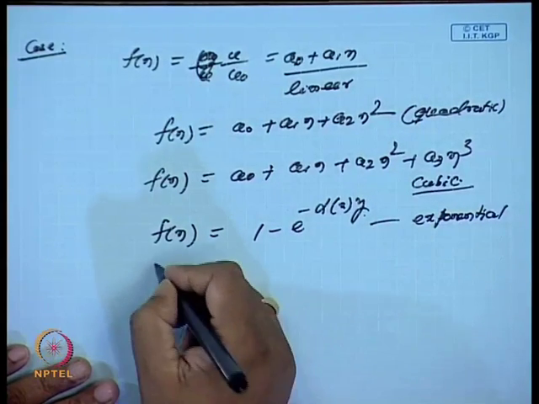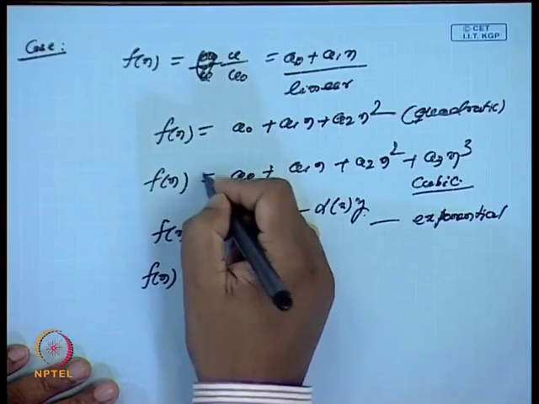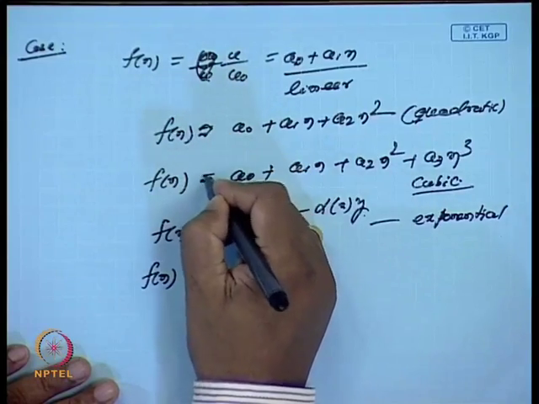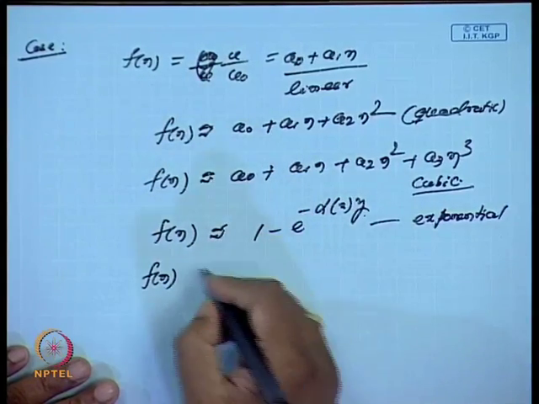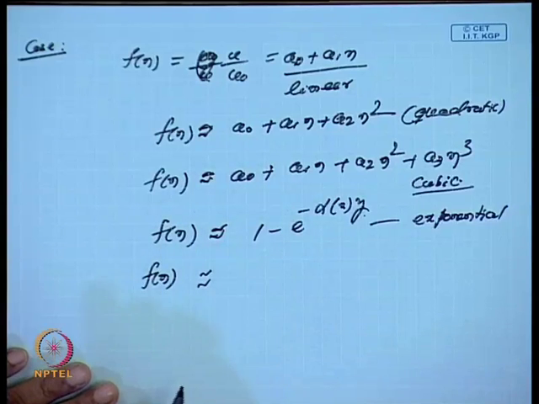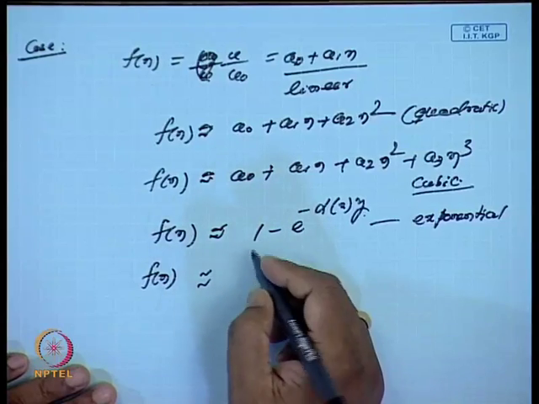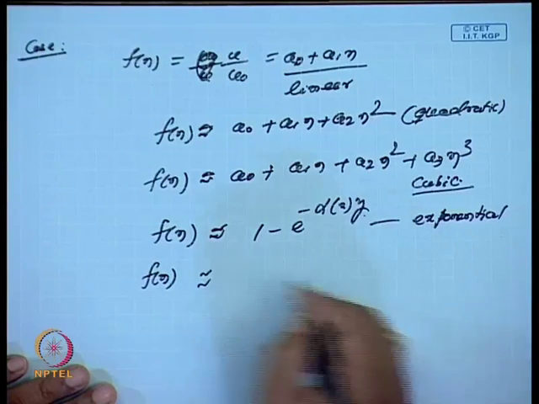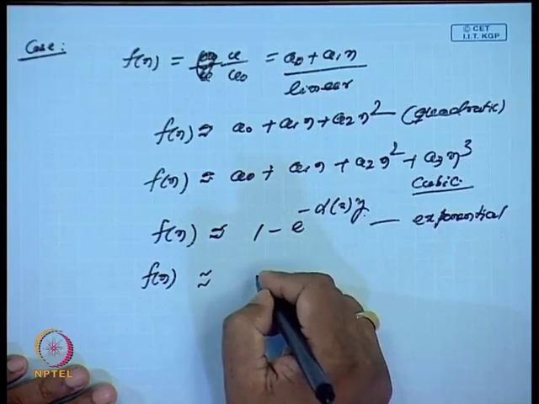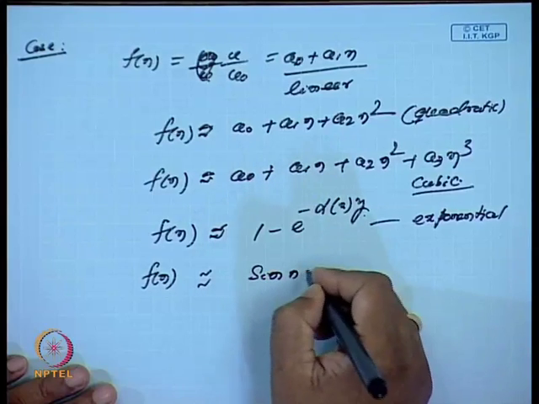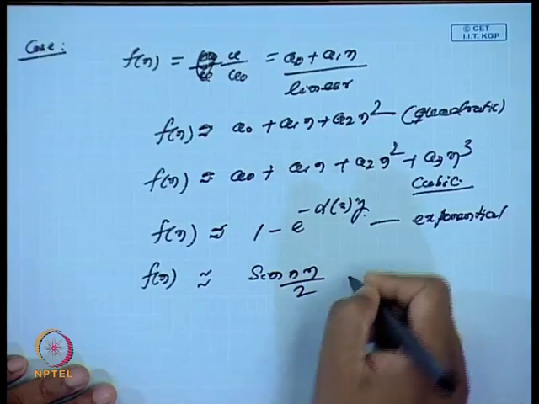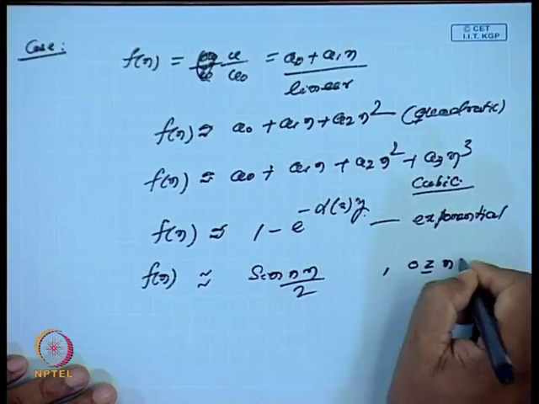Then we can also go for a trigonometric approximation. The various approximations of course all have some error, but that depends on the nature of the problem, and I will not go into those details. In case of a sinusoidal approximation, that is sin of pi eta by 2, 0 less than or equal to eta less than or equal to 1.